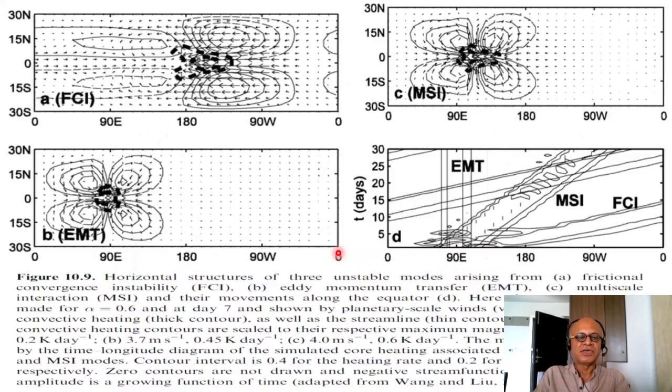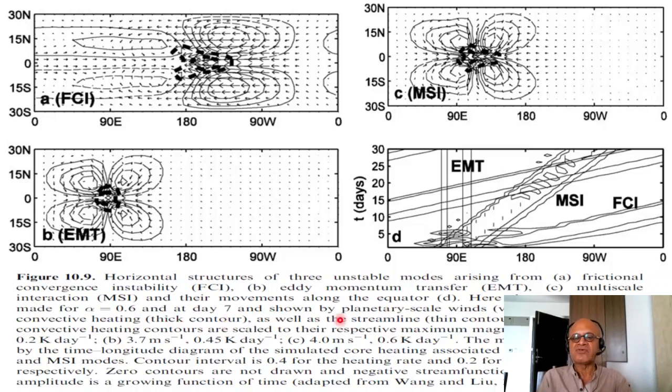If you look at the horizontal structures of the three unstable modes arising from frictional convergence instability, eddy momentum transport, and the multiscale interaction, and their movements along the equator here in D, the structures were made here for alpha equal to 0.6 at day 7.